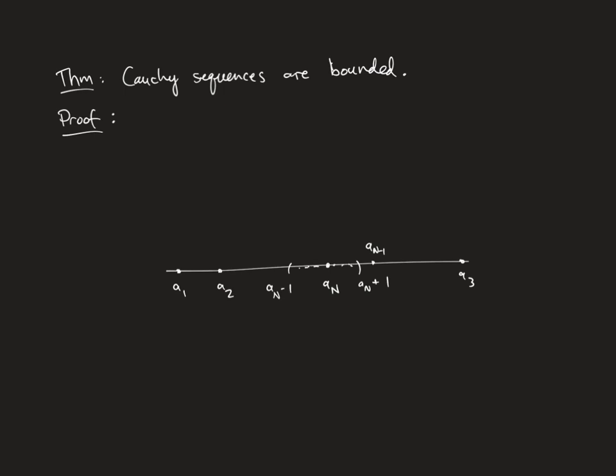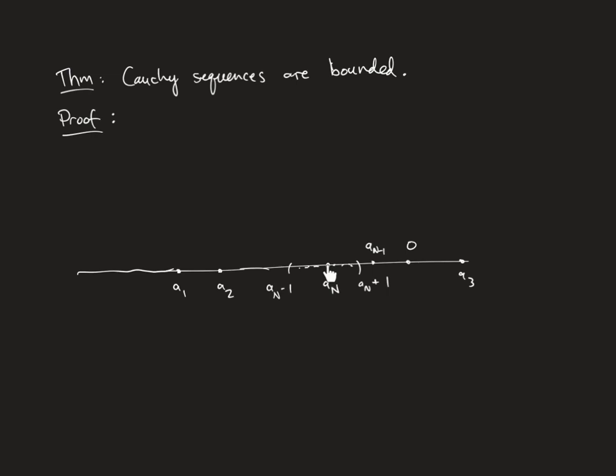Okay, so we'll just need to bound all of these things, and then everything else is within a distance of 1 of a sub N. So 0 is going to be in here somewhere. All we have to do is make sure we take all of this stuff into account. The furthest that this stuff can go is wherever a sub N is. So maybe 0 is over here.